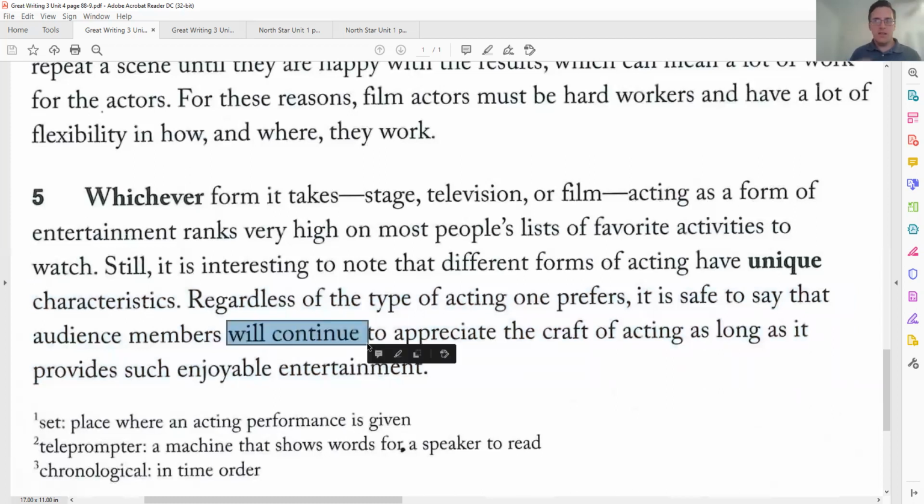Will continue is talking about the future. This is a prediction. So we conclude our essay with a little prediction about the future. Again, this might be a prediction saying this will happen, or this may or might happen in the future, or it could be some kind of recommendation or suggestion where you say we should do this, or we must do this.